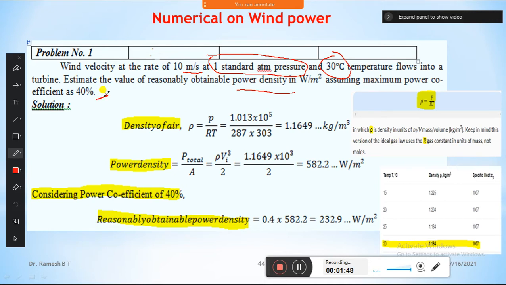So first you have to write down the velocity is 10 meter per second, and 1 standard atmospheric pressure at 30 degrees centigrade. You first have to find the density of air, because rho is not given.